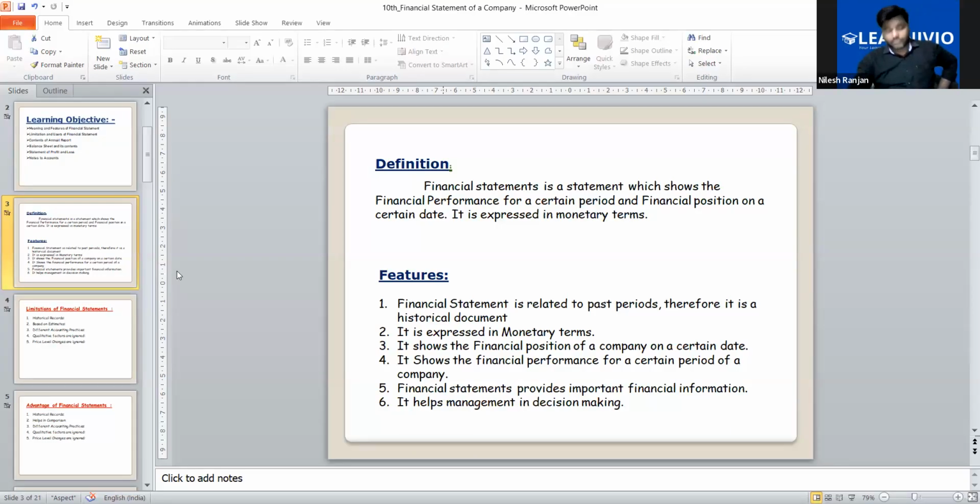So the question is, can we calculate the value of that employee? No. Yes or no? No. Okay. Can you tell me why? Because it's not a monetary thing. Because it is a qualitative factor. It cannot be measured.